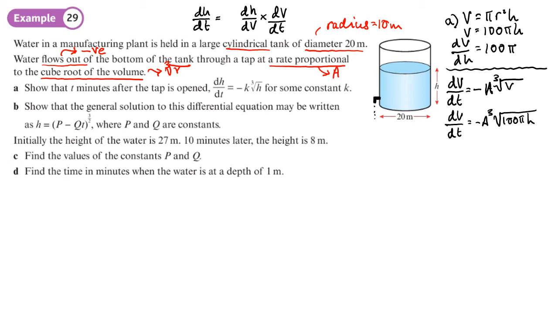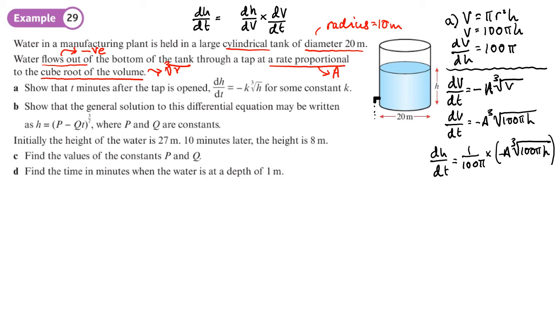So that means that dh/dt is equal to dh/dV, which is 1 over 100 pi, the reciprocal of dV/dh, times dV/dt, which is negative A cube root of 100 pi h, like that.